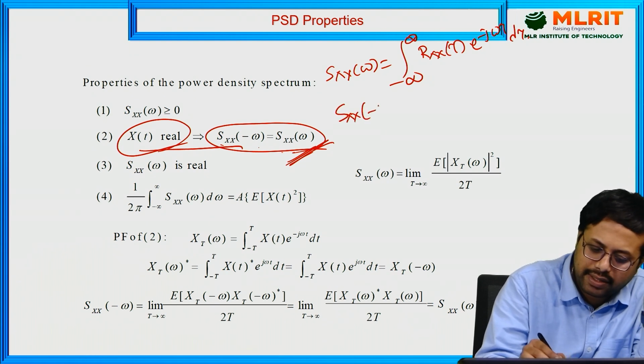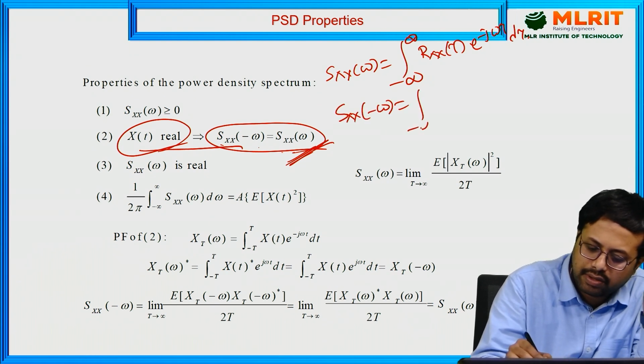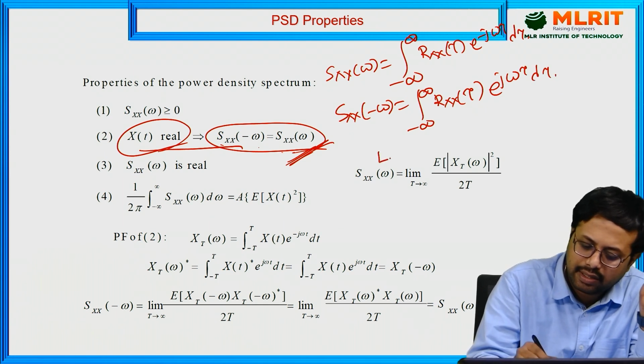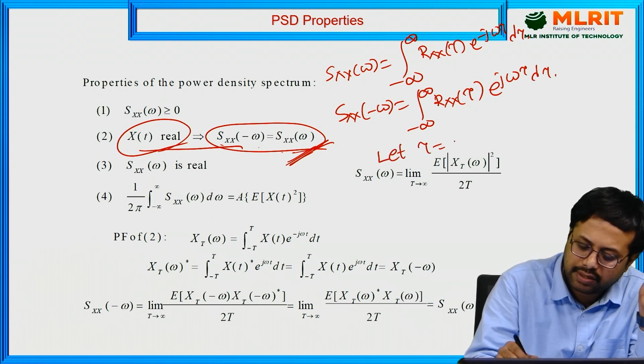S_XX of minus omega is equal to integral from minus infinity of R_XX of tau e power j omega tau d tau. Let us consider tau equal to minus tau. Then what are you going to get?